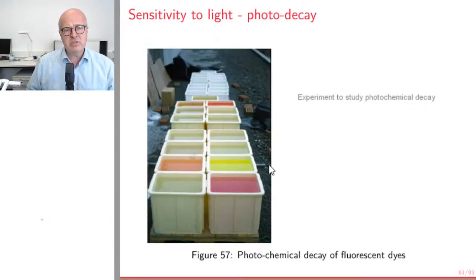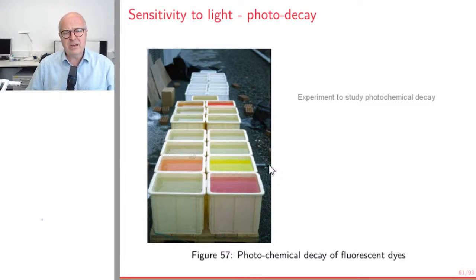Now the sensitivity to light actually is an issue, as I have mentioned before, and you can do experiments to evaluate this simply by filling buckets with tracers and exposing them to sunlight. Be careful to use the light that actually affects your tracer during the experiment.